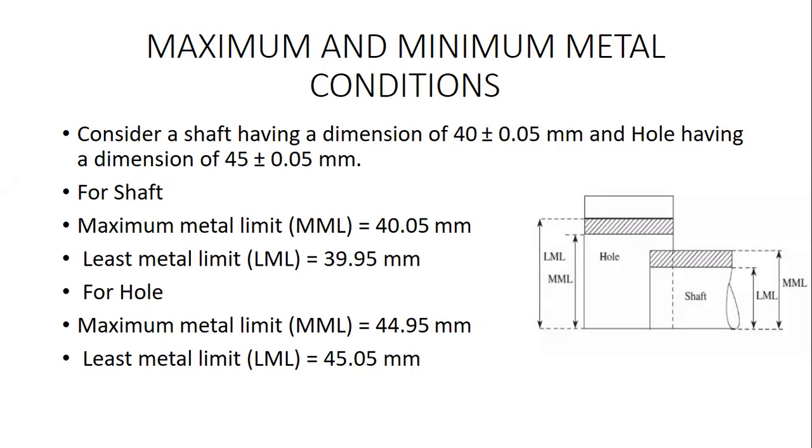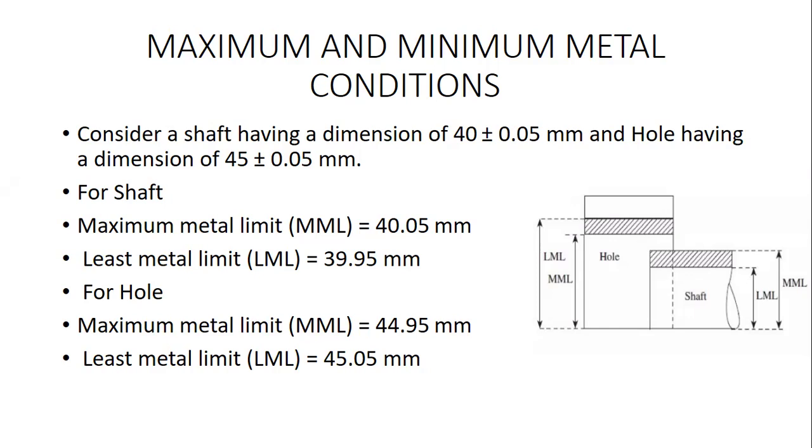According to Taylor's gauge principle, let us now understand the basic meaning. What are maximum and minimum metal conditions? Let us take a shaft and hole system as a reference model. Consider a shaft with a dimension of 40 plus or minus 0.05 mm tolerance and a hole dimension of 45 plus or minus 0.05 mm.